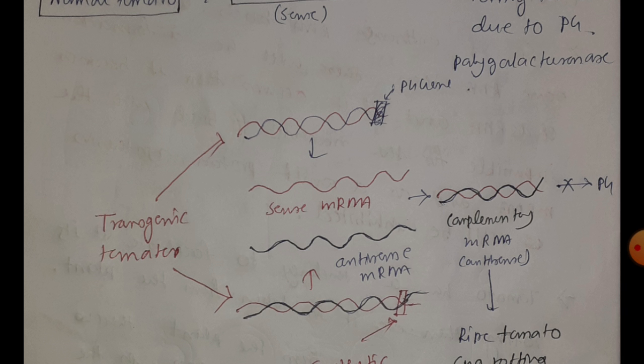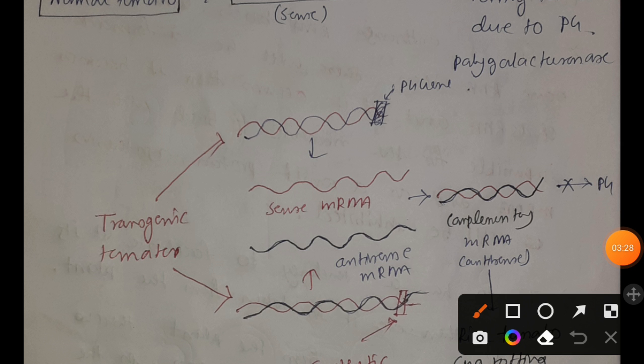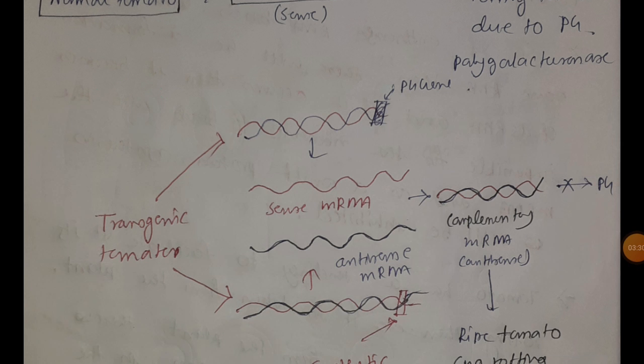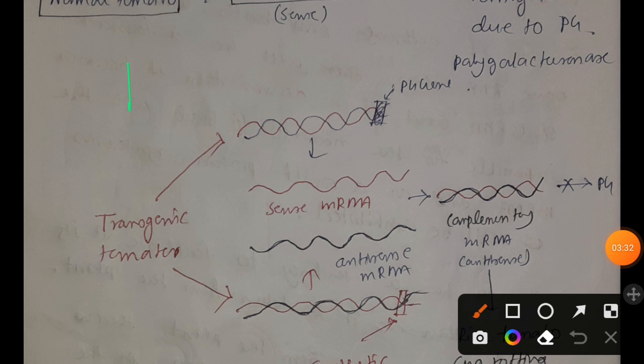So what is the meaning of antisense RNA? I want to discuss with you the mRNA, because I hope you know that RNA is of 3 types. One is tRNA, another one is rRNA, and the last one is mRNA.